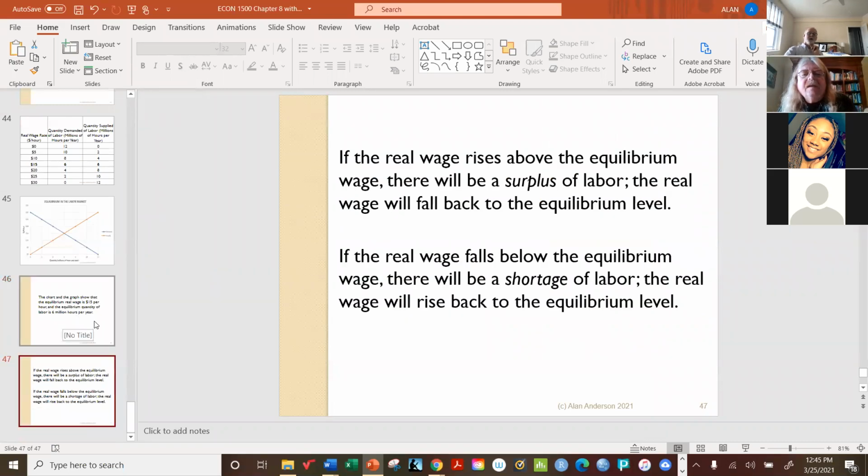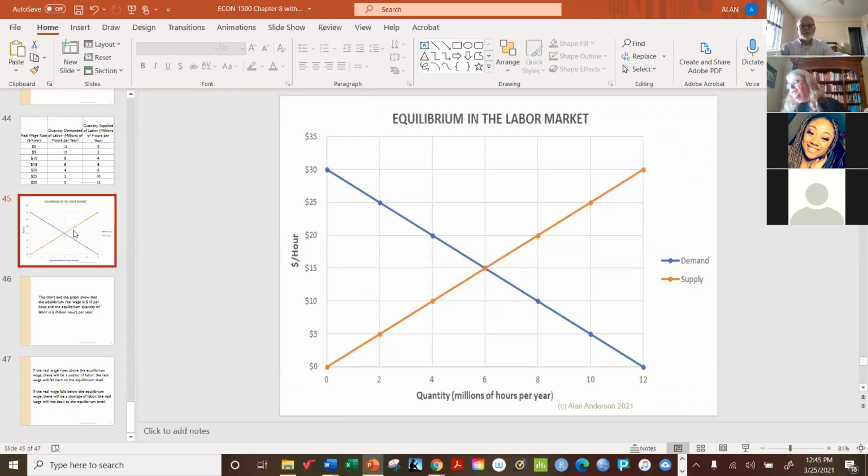Now, what if we have a different type of situation? Suppose, for example, let's say for whatever reason, the wage rate rises to 20. Let's say that benefits are all lumped together in the wages. In other words, we'll use the word wage as a generic term that means both wages and benefits. We're just keeping things simple.